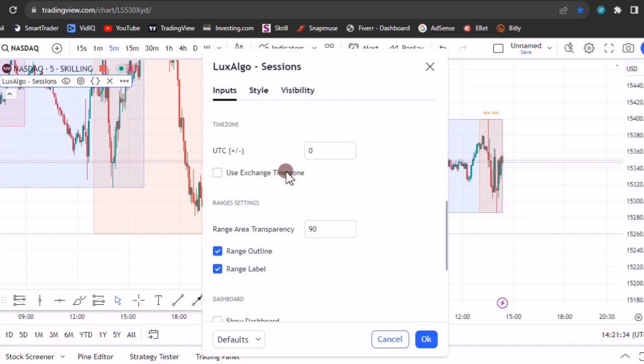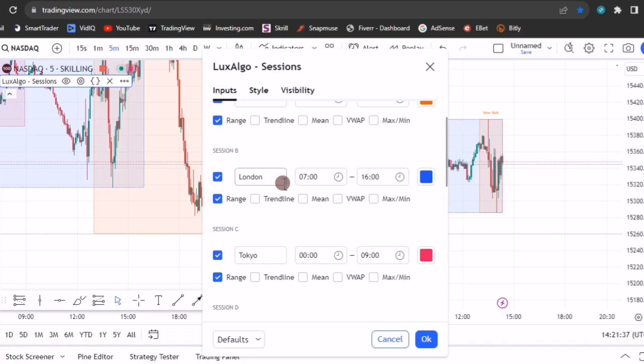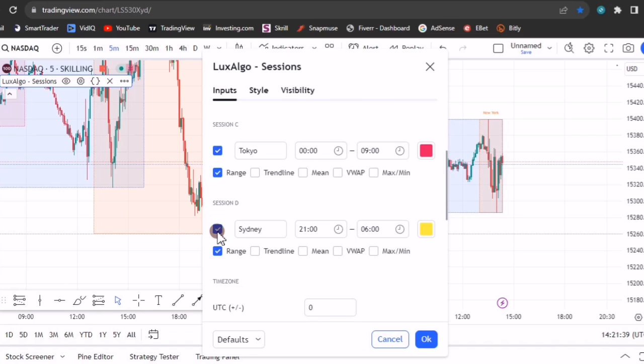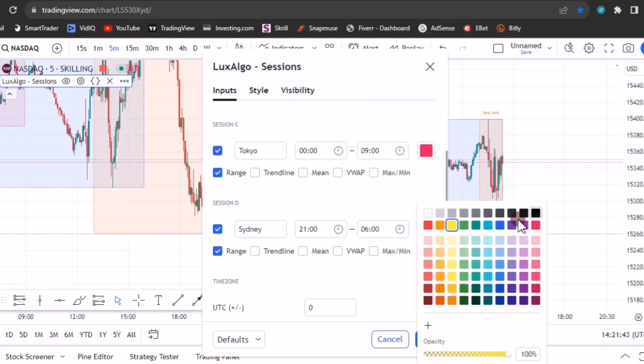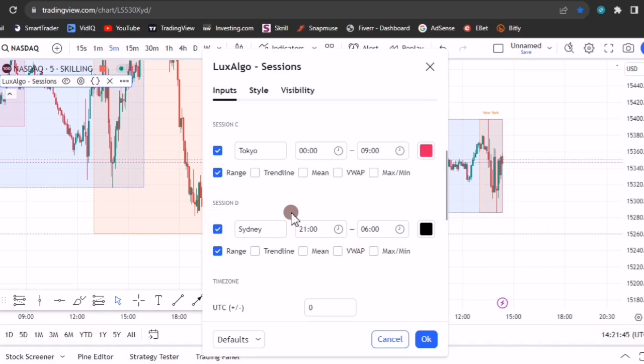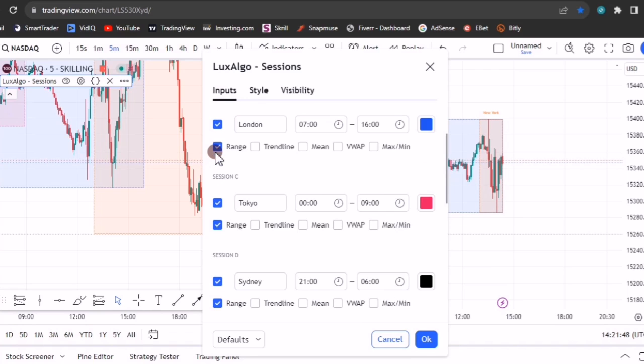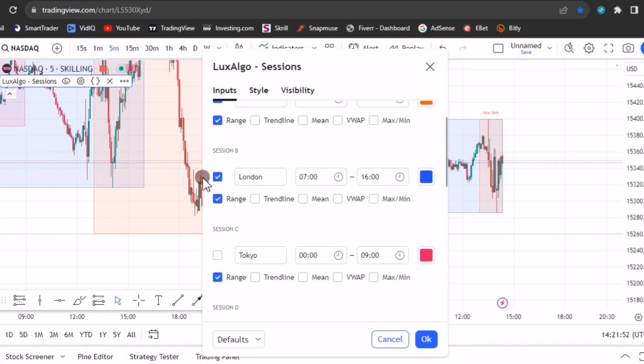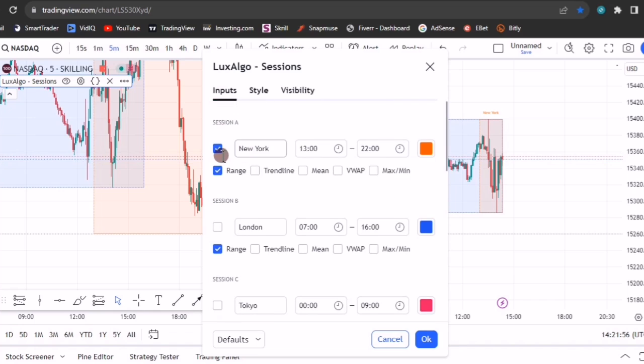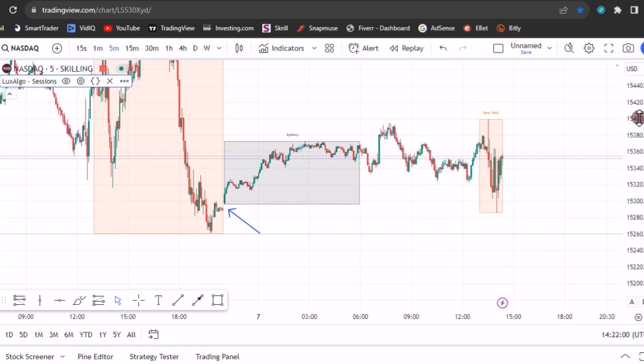Make sure the last 4 boxes are unchecked, and then scroll right here on Sydney. Just put a black color so that it's visible, and then uncheck Tokyo, uncheck London. And then let's leave New York, and then you press OK.